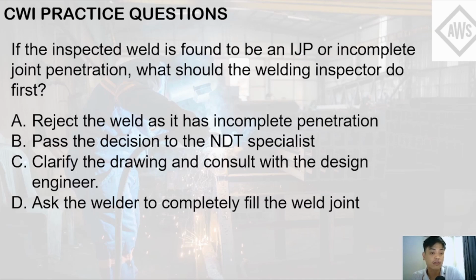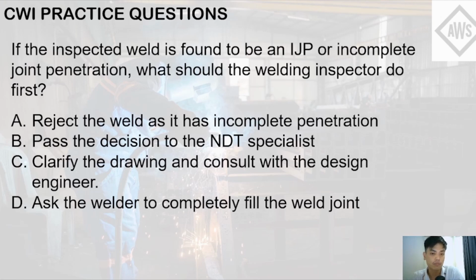So letter C, clarify the drawing and consult with the design engineer. Some specification or drawing specifies if the structure or the components to be welded are just incomplete joint penetration. So it may be acceptable for some drawing or design documents. So you may need to consult your design engineer for this one.